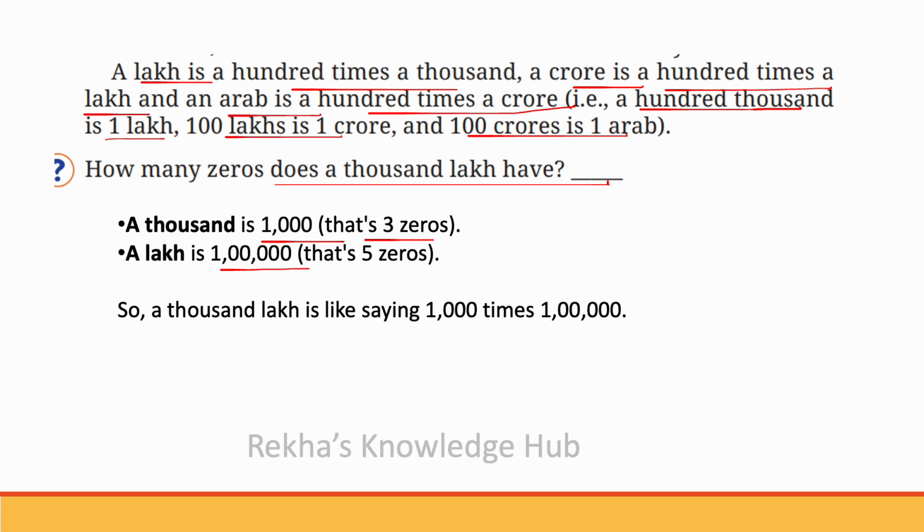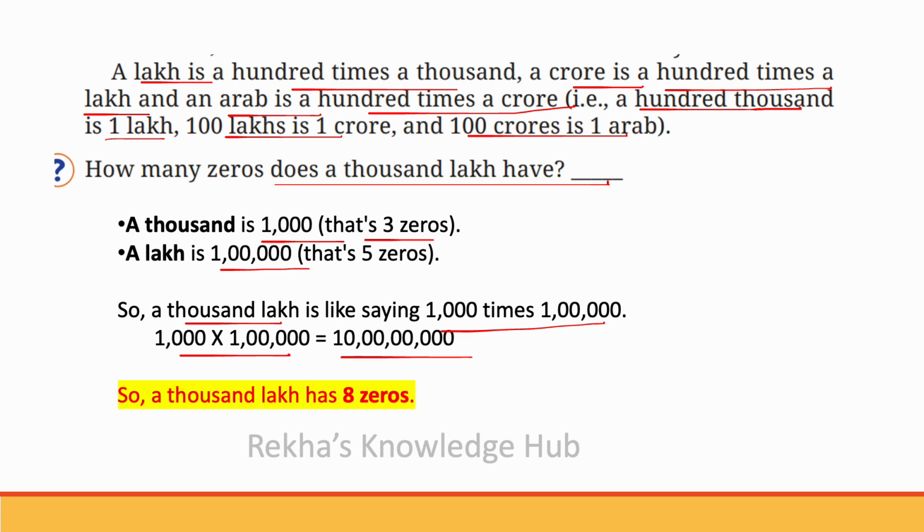So 1,000 lakh is like saying 1,000 times 1 lakh, that is 1,000 into 1 lakh. See, what we will get? 1,000 lakh. How many zeros are there? 8 zeros. So 1,000 lakh has 8 zeros.